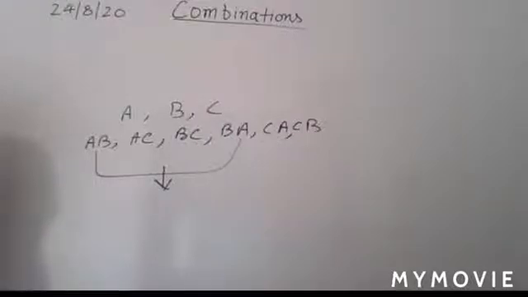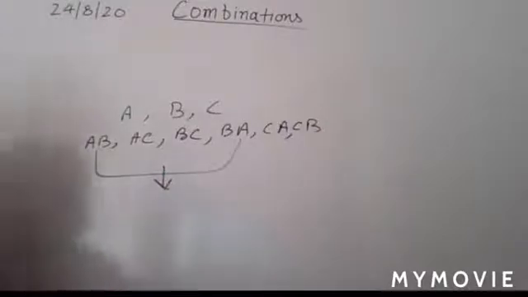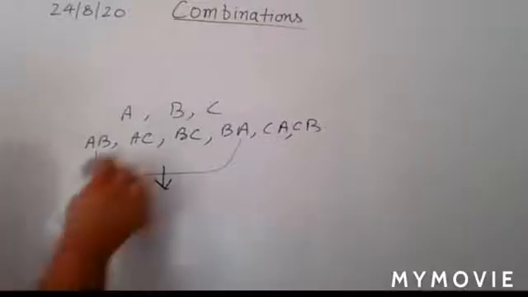First of all, write about the combination. The combination is the number of selections of different objects taken some or all at a time.